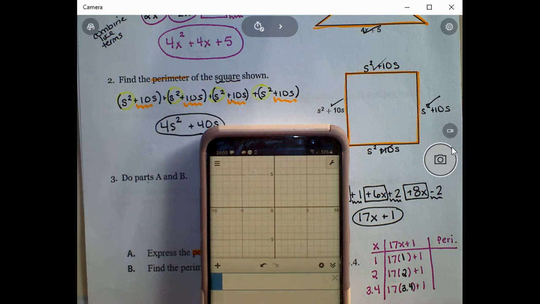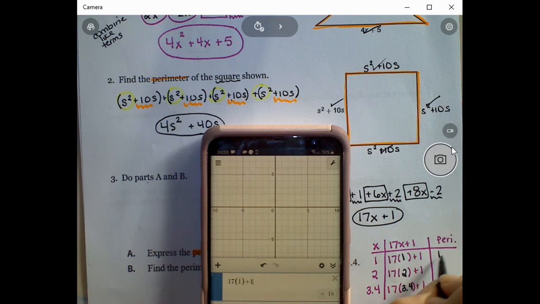So we have 17 times 1 plus 1 is 18. I'm going to replace the 1 now with a 2 for this one. So that's 35. And lastly, I'm going to replace it with 3.4.